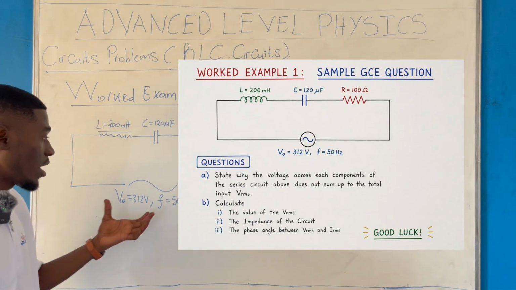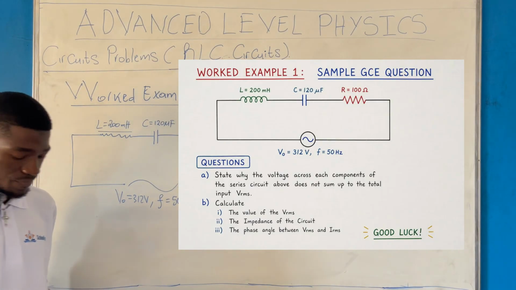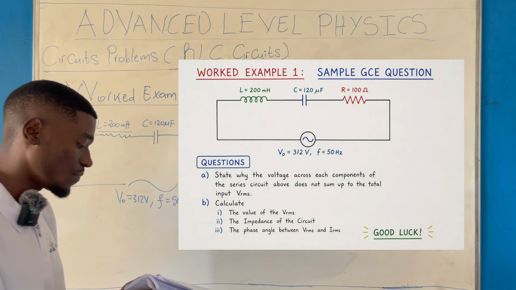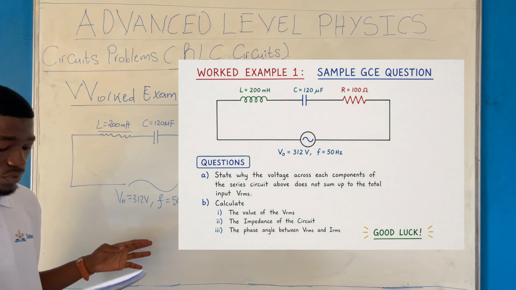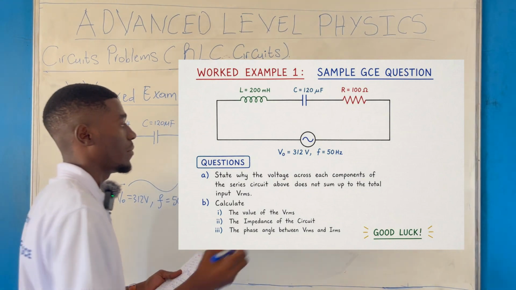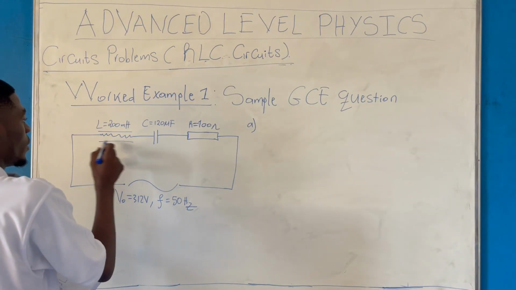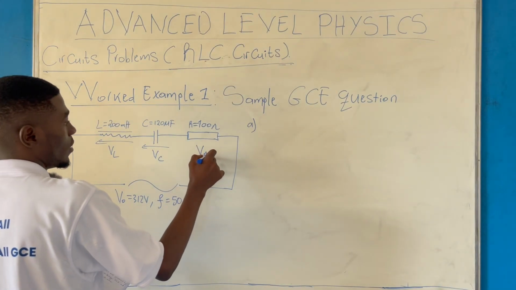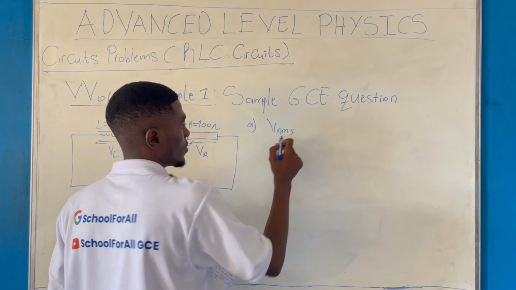As I was saying, when we have an AC supply, it is defined by two parameters, the peak voltage and the frequency. So the first question here is asking us, A, state why the voltage across each component of the series circuit above does not sum up to the total input VRMS. So why is it that if I sum the voltages across each component, VL, VC, VR, it will not give us VRMS, the root mean square voltage?